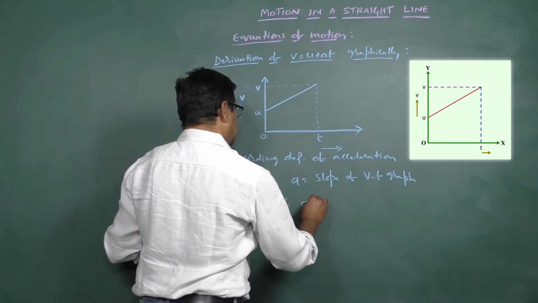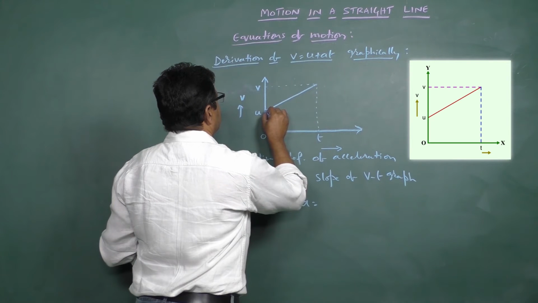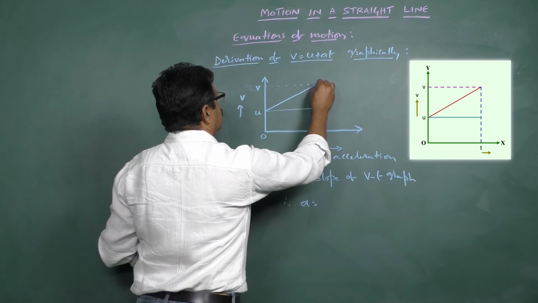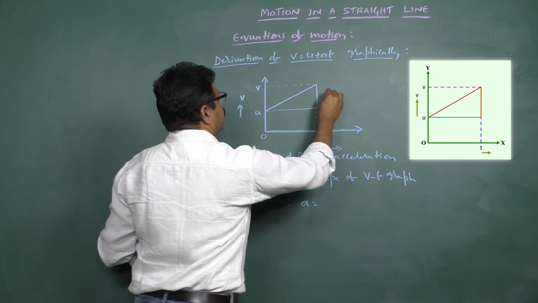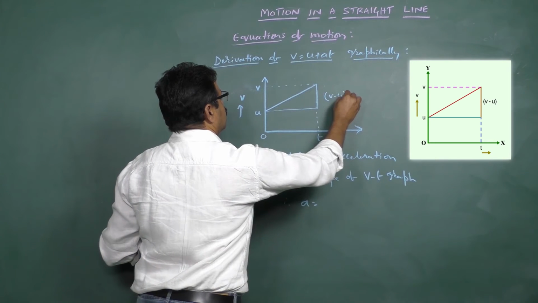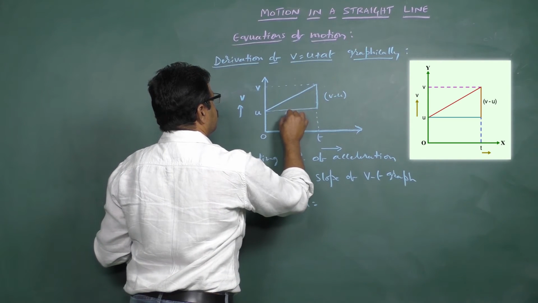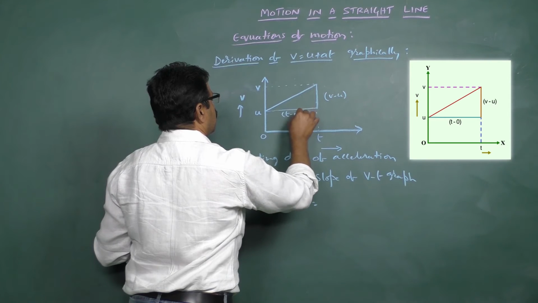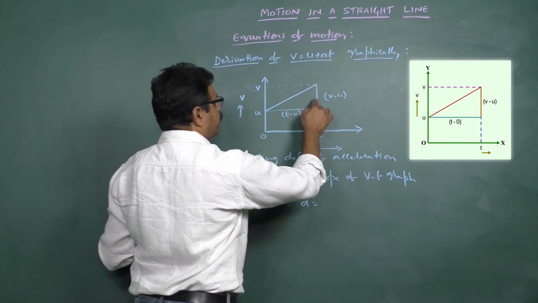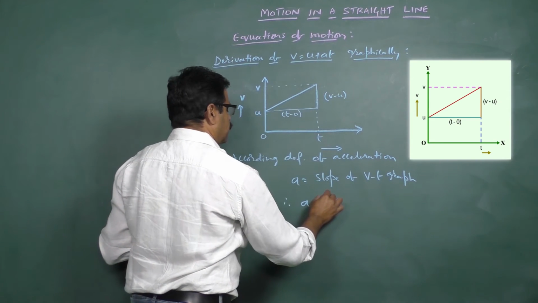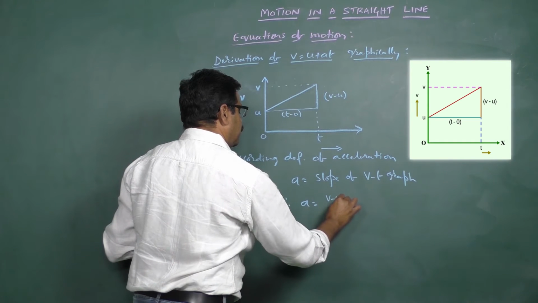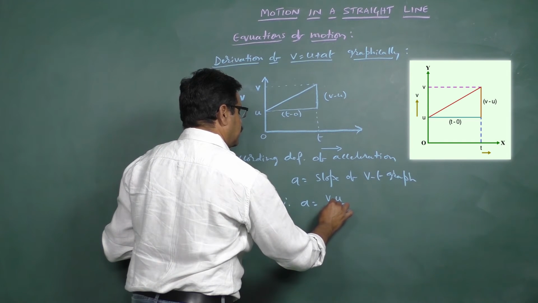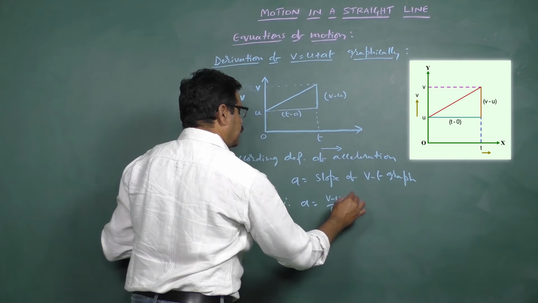Therefore, a is equal to, when I take the slope here, v minus u divided by t minus 0. Slope is nothing but y by x, that is v minus u divided by t minus 0.